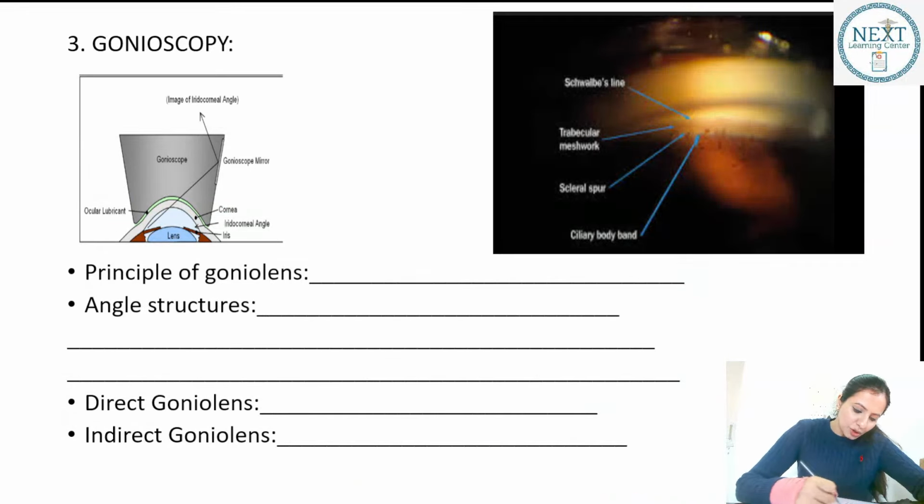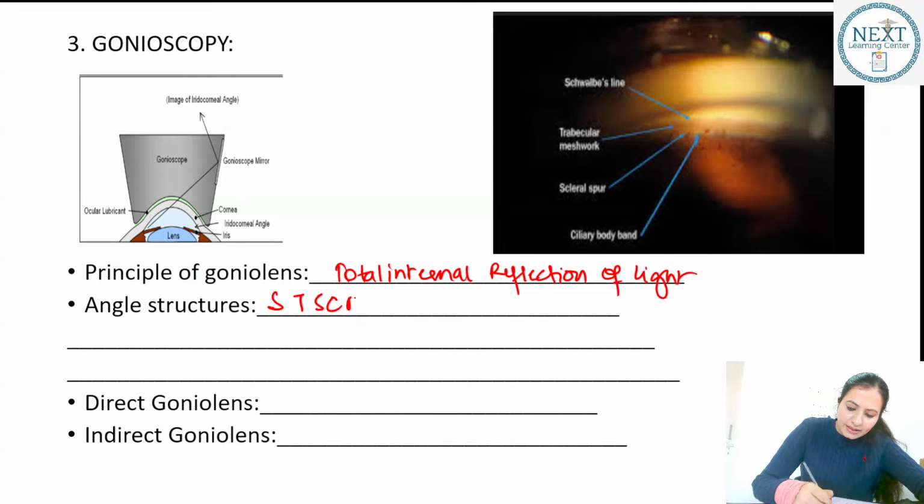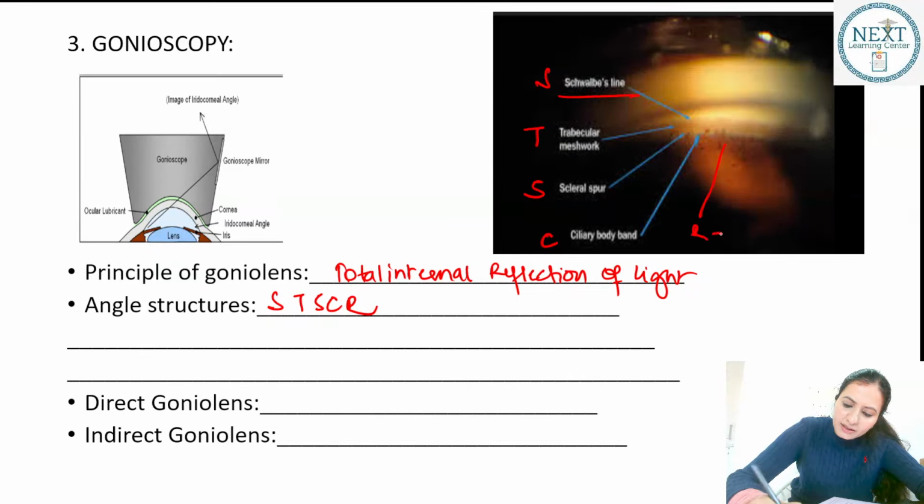Then gonioscopy. Its principle is based on total internal reflection of light. If we look at the angle structures, the mnemonic is STSCR. S stands for Schwalbe's line, T trabecular meshwork, S scleral spur, C ciliary body band, and R is the root of the iris.